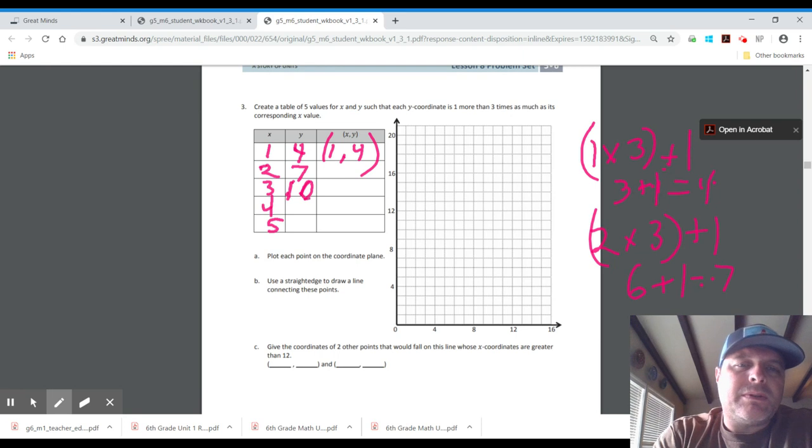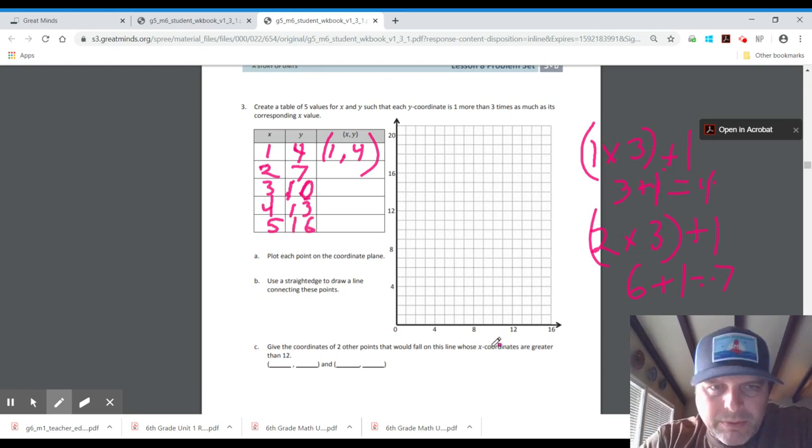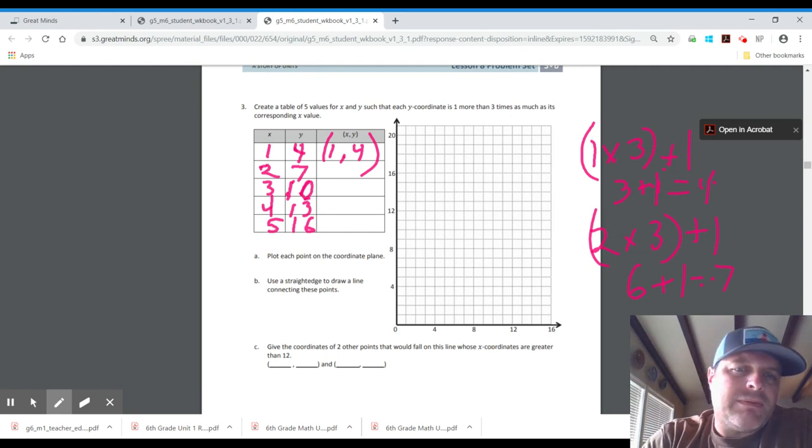And then the next one, 4 times 3 is 12, plus 1 is 13. And the last one is 5 times 3 is 15, plus 1 is 16. Okay, so that's it. And you know how to write your format. In the other line underneath is 2, 7, 3, 10, 4, 13, and 5, 16. And that should complete this table.